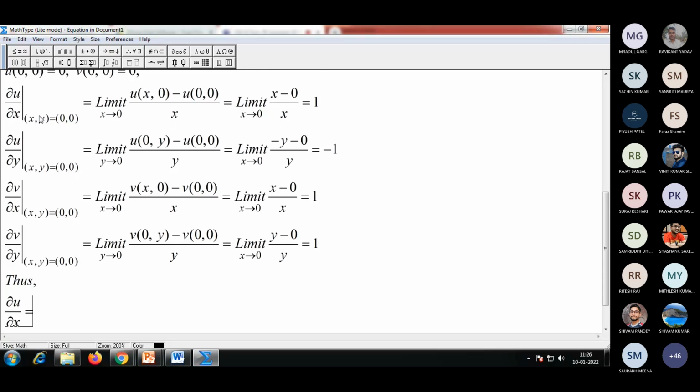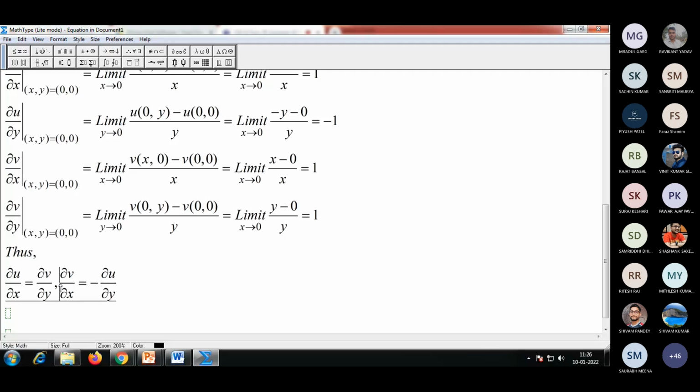Del u by del x is 1 and del v by del y is also coming 1. Yes, sir. So it means equal to this one. Second is del v by del x. Del v by del x is 1, equal to minus del u by del y. Is it coming or not? Yes, sir. So the CR equation is satisfied.